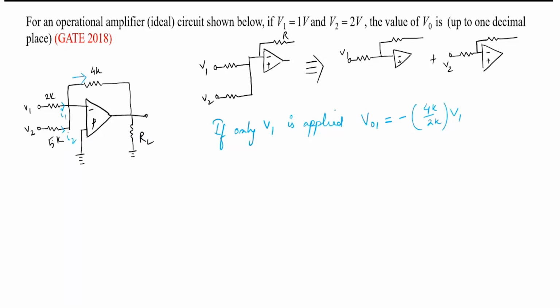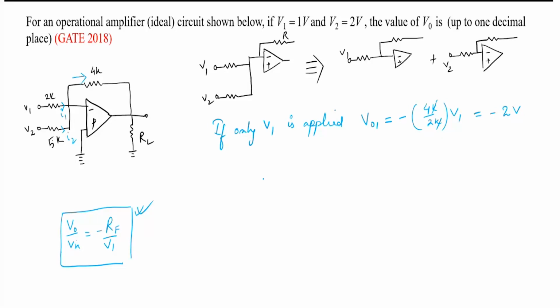I'm using this formula: V naught by V input is equal to minus RF by R1 for an inverting amplifier. So the K's cancel, so minus 2 volt. Yes or no? Are you able to follow this?